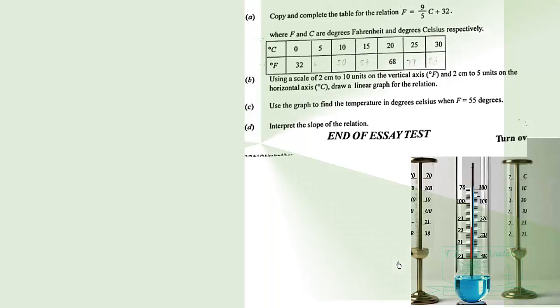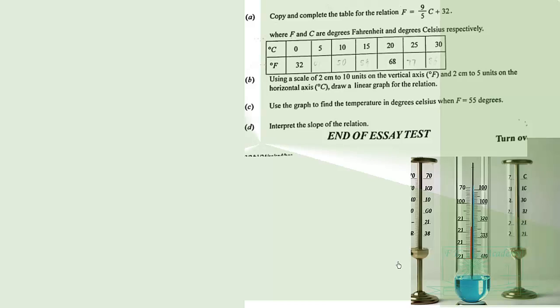Using a scale of 2 centimeters to 10 units on the vertical axis and 2 centimeters to 5 units on the horizontal axis, draw a linear graph for the relation. Use the graph to find the temperature in degrees Celsius when F equals 55 degrees. Interpret the slope of the relation.